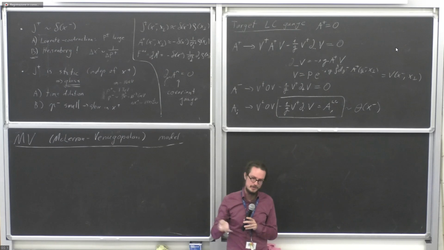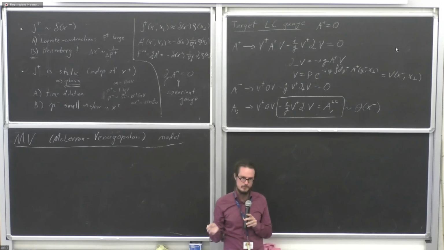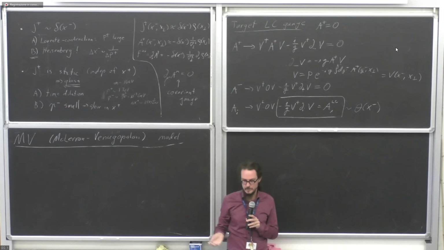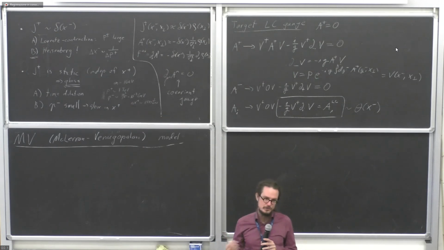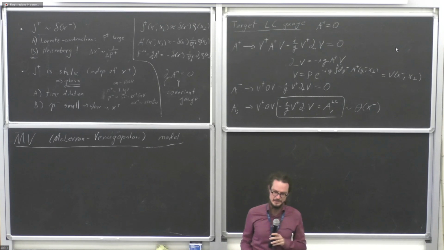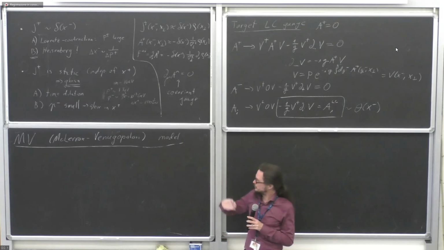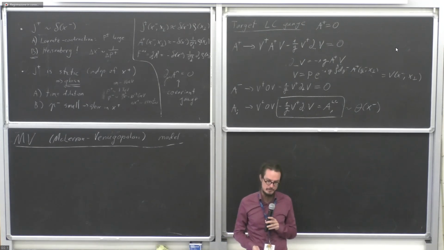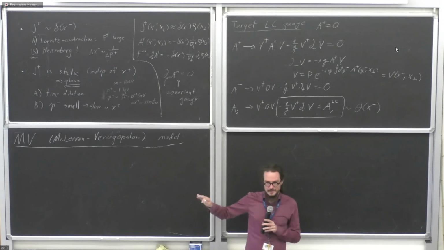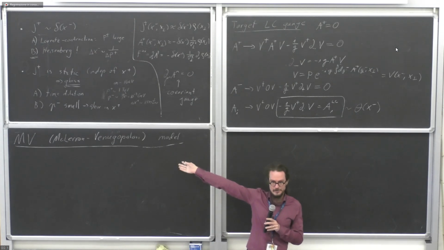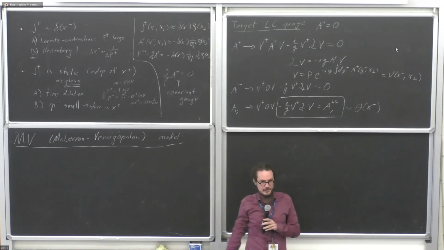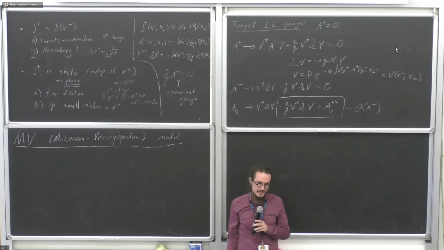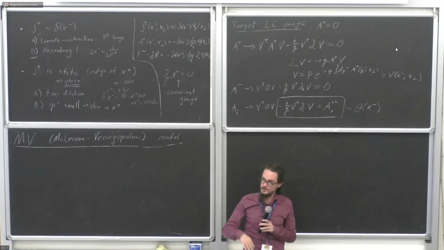You might be able to calculate it on the lattice in some way or with some models. So you're going to need some kind of models. And then, let us introduce the MV or McLerran-Venugopalan model. So this is, again, as the name says, a model. It's not a first principles QCD calculation, but it's a very reasonable model that has the advantage that it allows you to calculate.